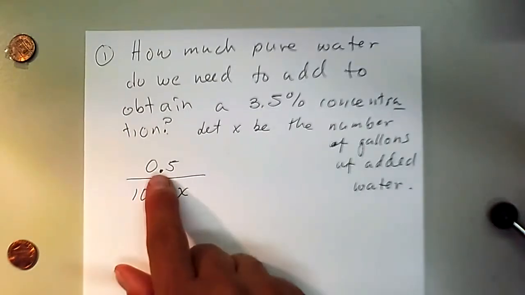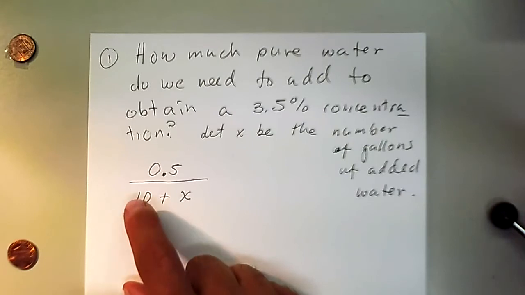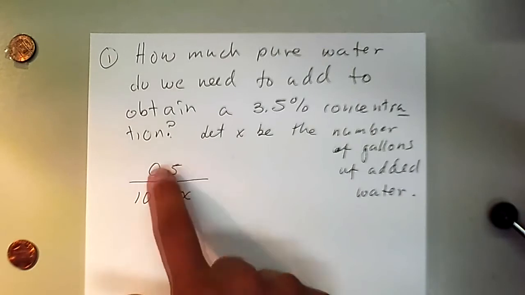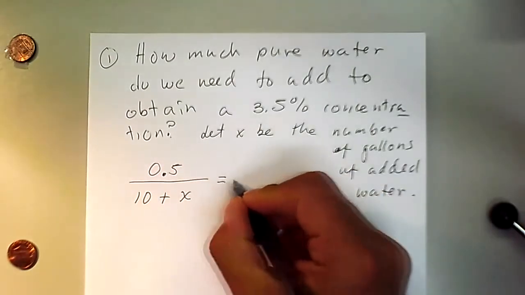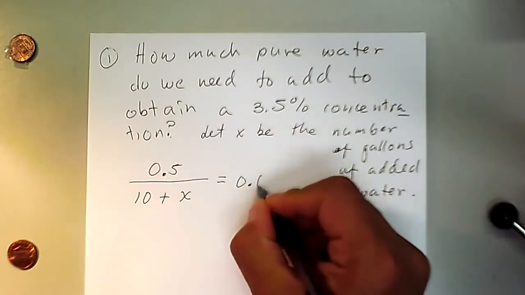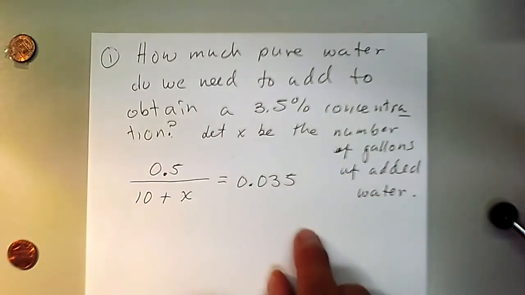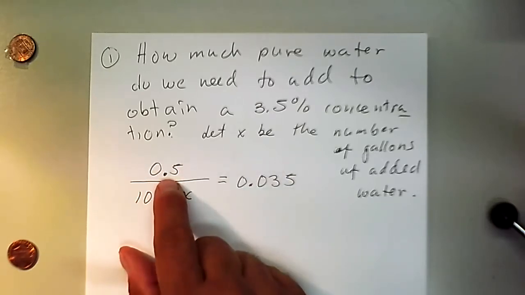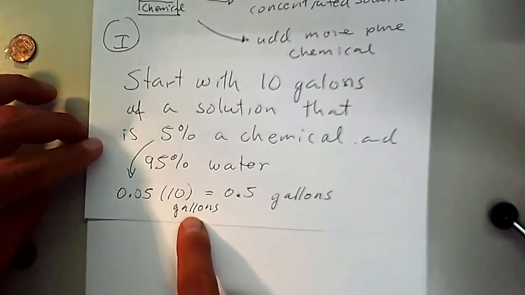So we still have half a gallon of the chemical, but now we have the 10 gallons of the solution to start with, plus a whole bunch of water. And that is a ratio, that is a concentration. And we want this to be 3.5%, which is 0.035. So there's our equation. If we're just adding pure water, this is the way we set it up. Mind, we figured this out when we were setting up the problem.